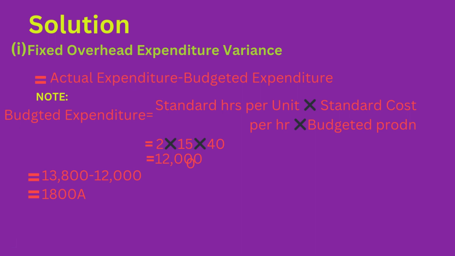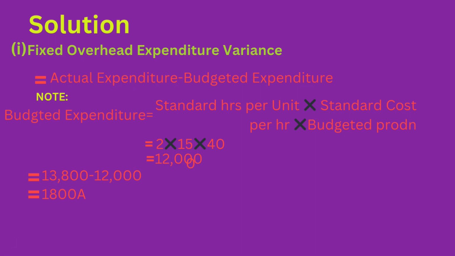The standard hours per unit is 2 hours, multiplied by standard cost per hour, which is 15 shillings, multiplied by the budgeted production, which is 400 units, which will give us 12,000.